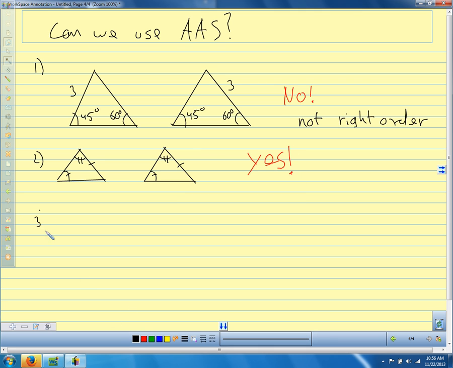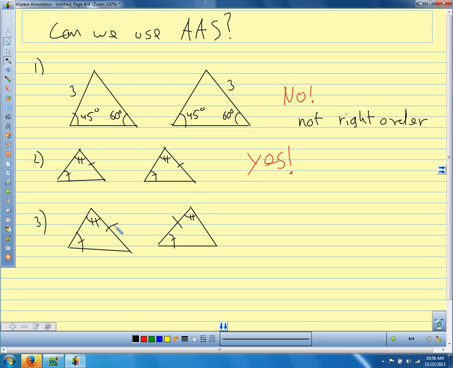Let's look at another one. Here are my triangles. I'm going to mark them this way. How about this one?